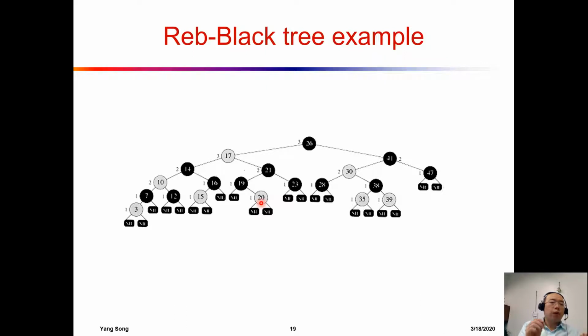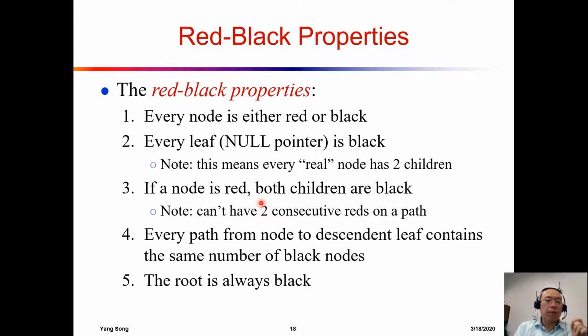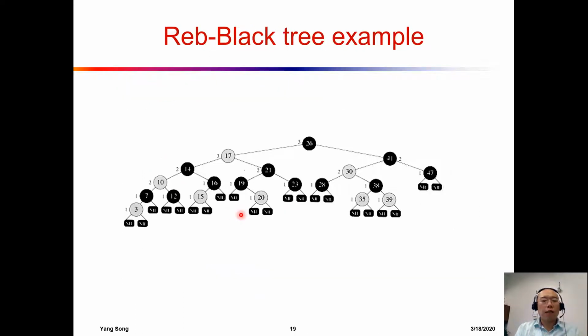But in the red-black tree, the rule is for all the leaves, they will have two children, and both of them will be NILs. So let's come back. Every leaf, which are all the NIL pointers, is black. So in the red-black tree definition, they are all NIL pointers, and they are all black.